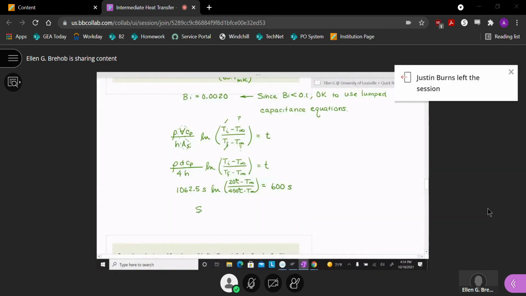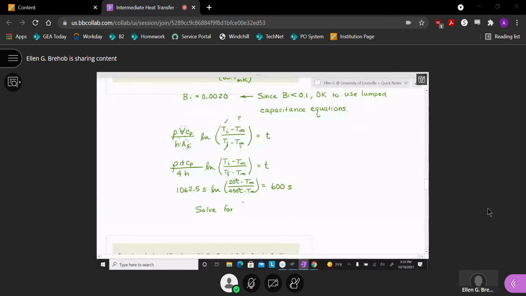And I can solve for T infinity of 1016 degrees C. Okay.